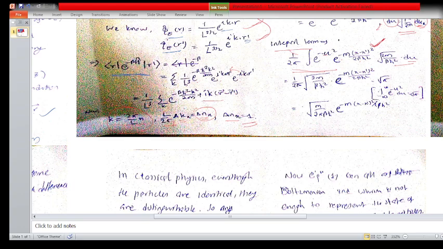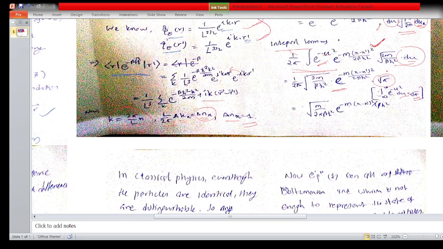E raised to minus x dash square by 2 beta h cross square. And what is the integration of e raised to minus u square du? Integral from minus infinity to infinity of e raised to minus u square du is nothing but root pi, which we substitute here. From that you get the final expression, root m by 2 pi beta h cross square, e raised to minus m.